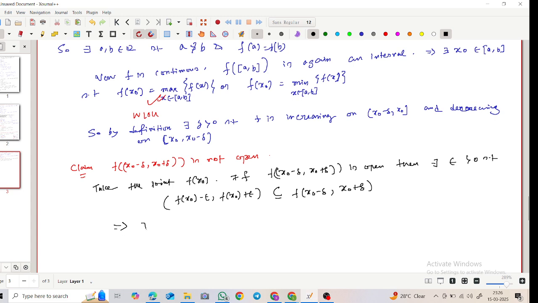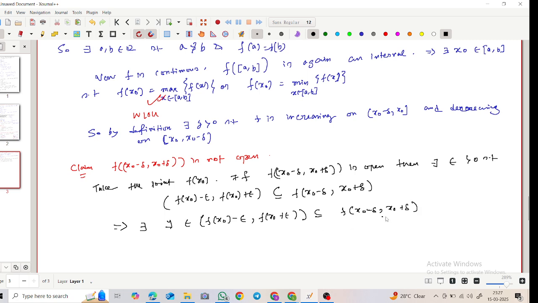That implies there exists y belonging to (f of x naught minus epsilon, f of x naught plus epsilon), a subset of this, right?